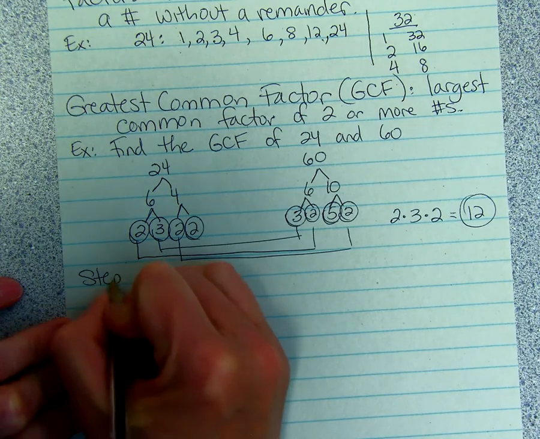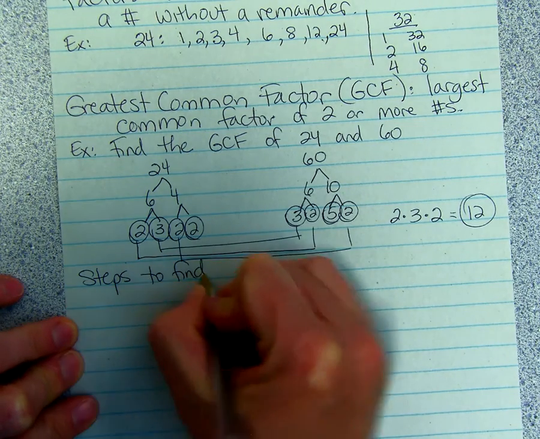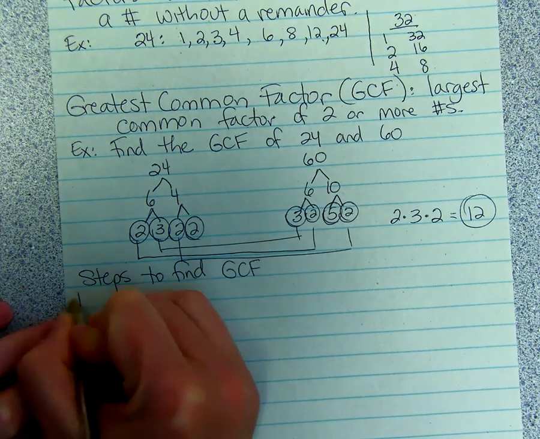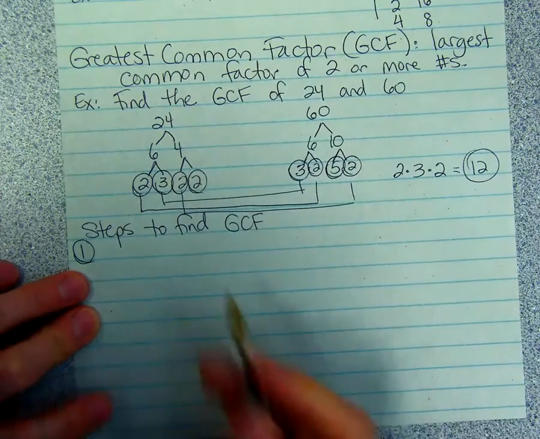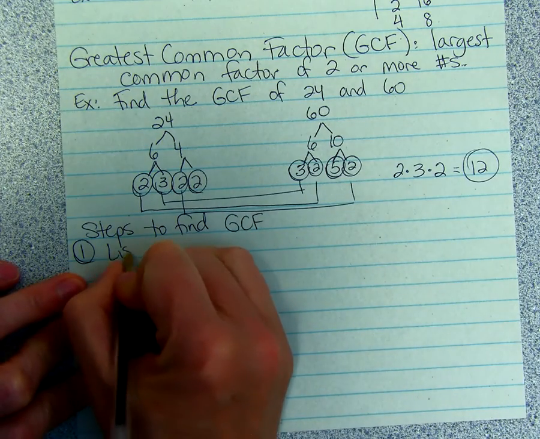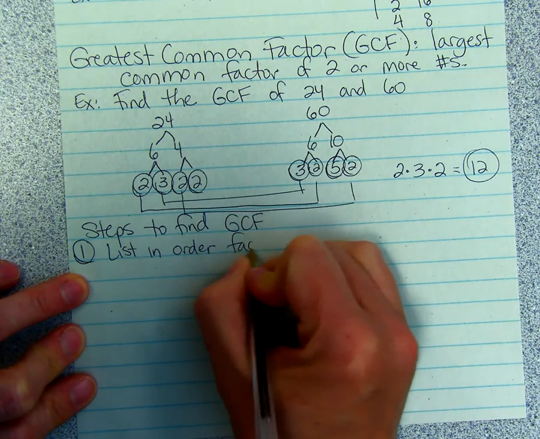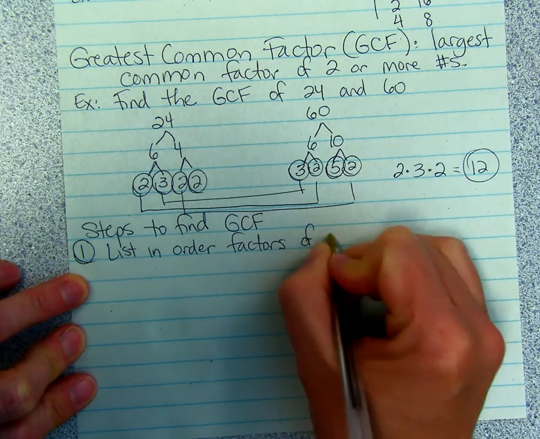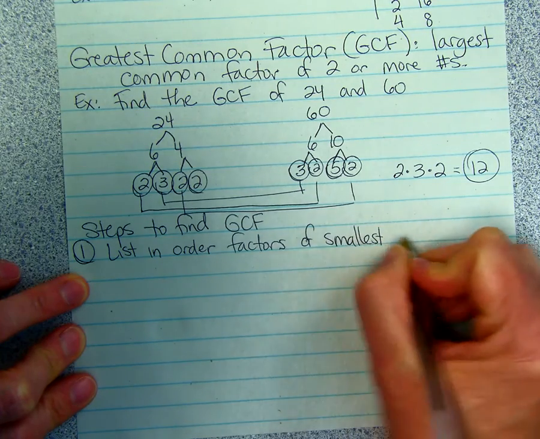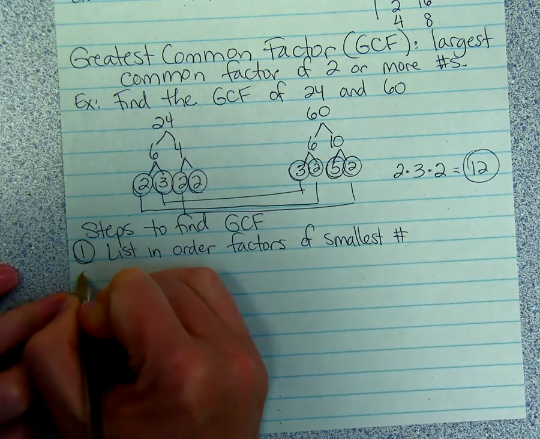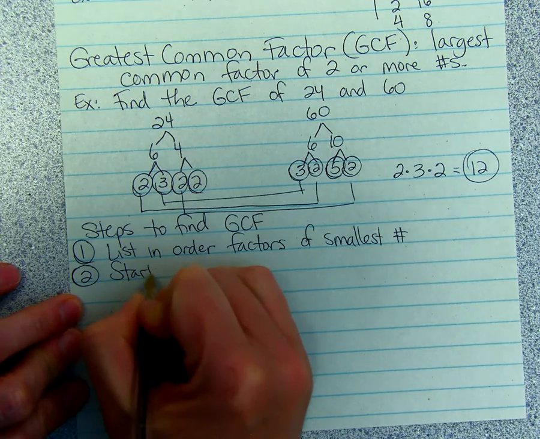So we're going to write out the steps that we use to find the greatest common factor. Step number 1, you list in order the factors of the smallest number. Number 2, start with the greatest factor.